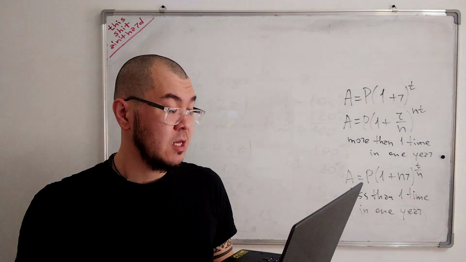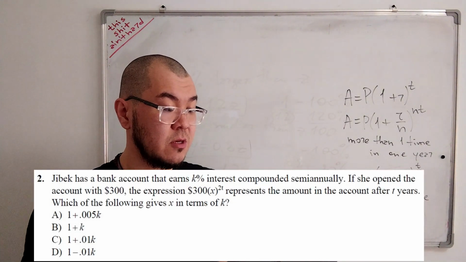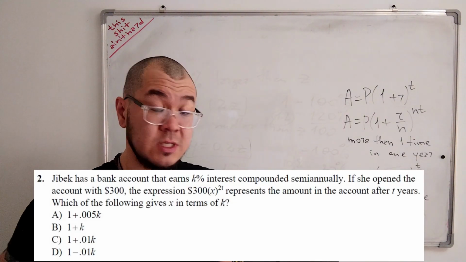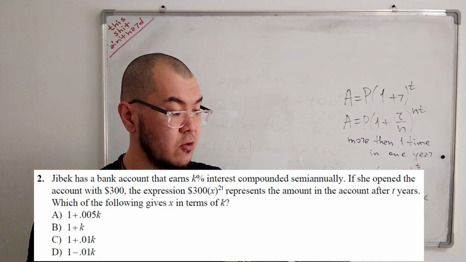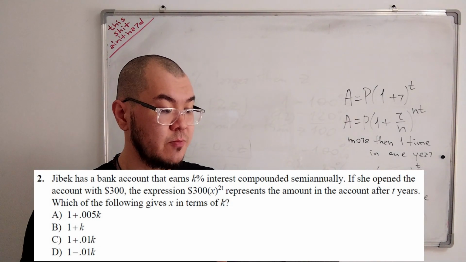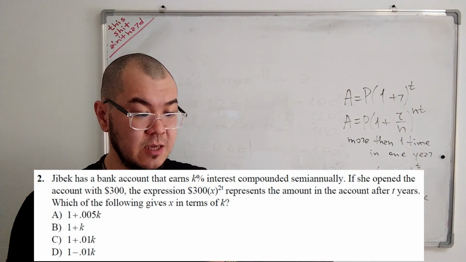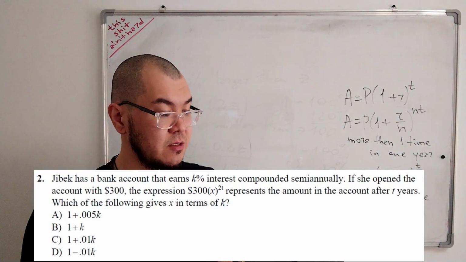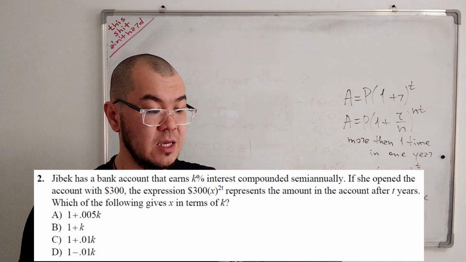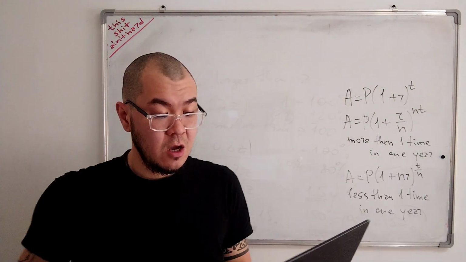Okay guys, next one. Jibek has a bank account that earns K% interest compounded semi-annually. If she opened the account with $300, the expression given represents the amount in the account after t years. Which of the following gives x in terms of K?